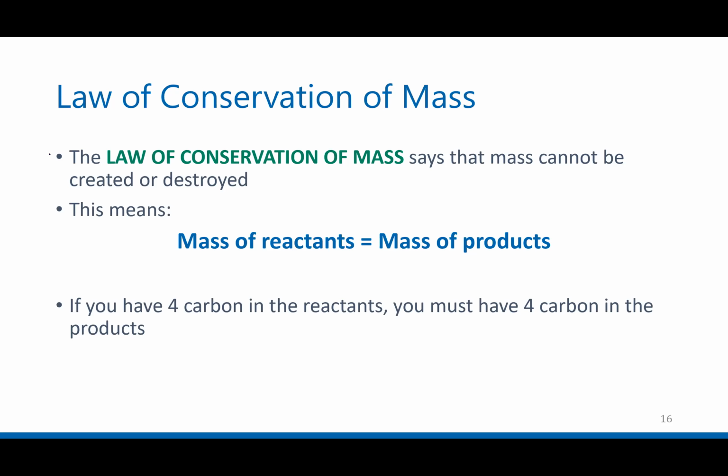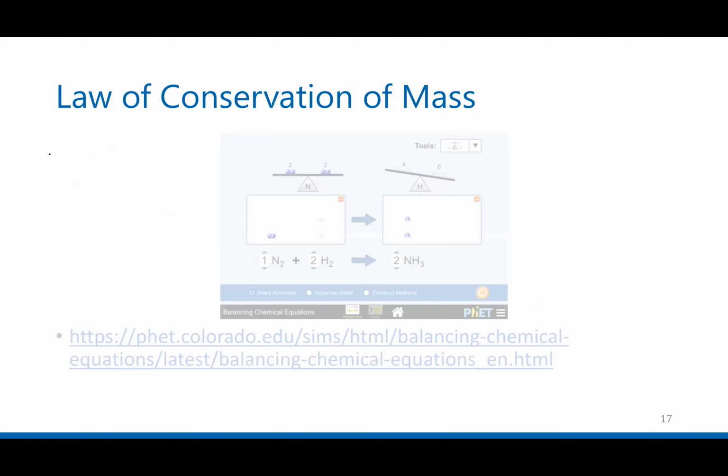Often chemical reactions produce gas, and the gas might escape into the room, but all of those atoms are still there. Even if they're not in your beaker, they're still in the room, they're still in the universe. So what it means for a chemical equation is, if you had 4 carbon atoms in the reactants, you have to have 4 carbons in the products.